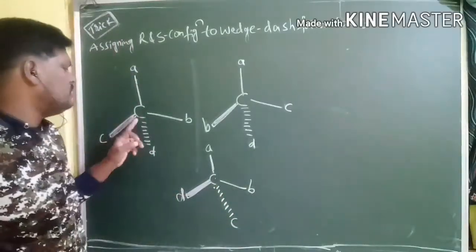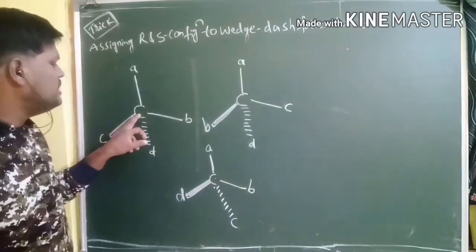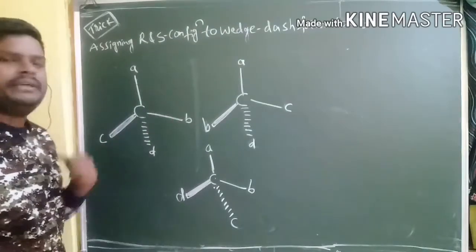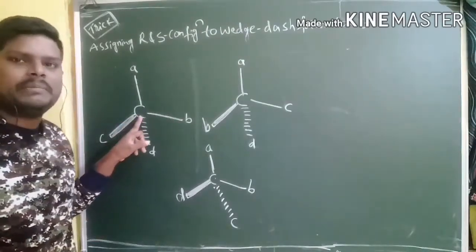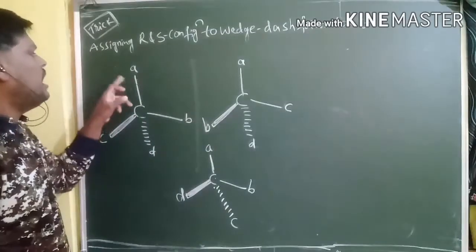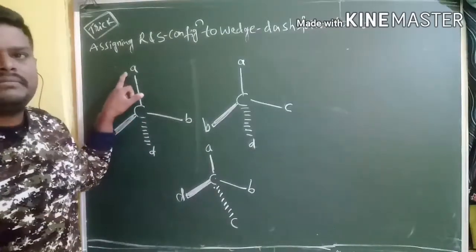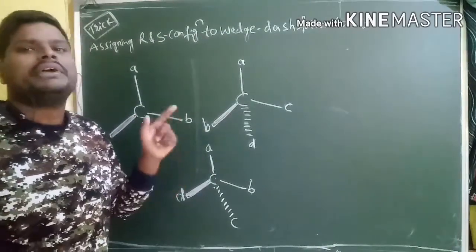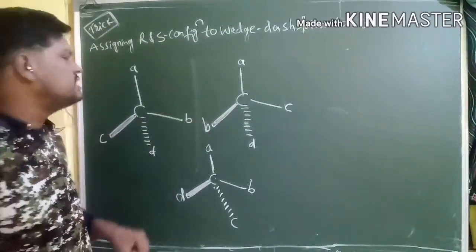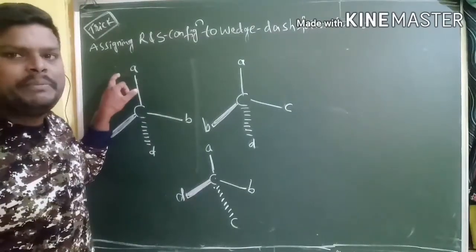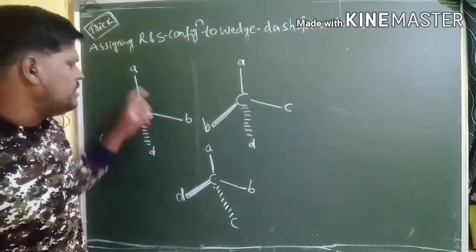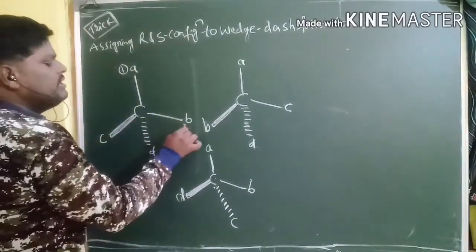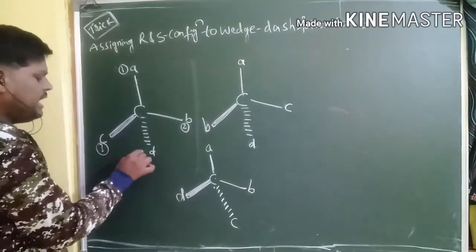Now coming to our first example. This carbon is surrounded by 4 different groups, A, B, C and D. This carbon is called an asymmetric carbon or chiral center. I want to give more priority to A, because I already told you priority is directly proportional to atomic number. More atomic number, more priority. So A has a higher atomic number than B, C and D. So this is the first priority, second priority, third priority, and least priority.